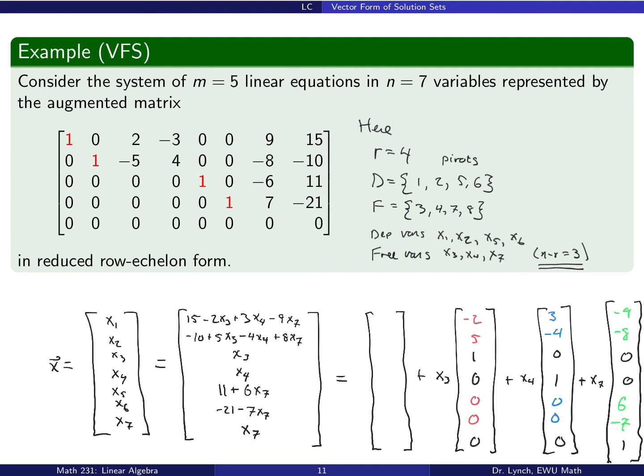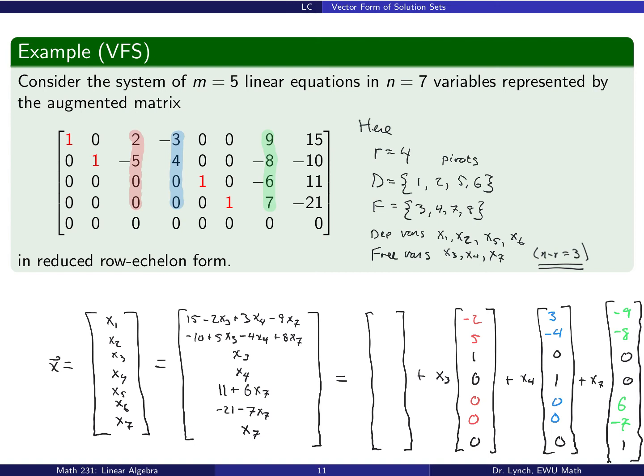So the correct dependent variables corresponding to our x3 free variable come from here. The correct dependent variables corresponding to our x4 free variable come from here. And the correct dependent variables corresponding to our x7 free variable come from here.